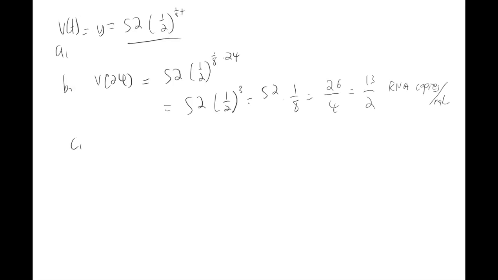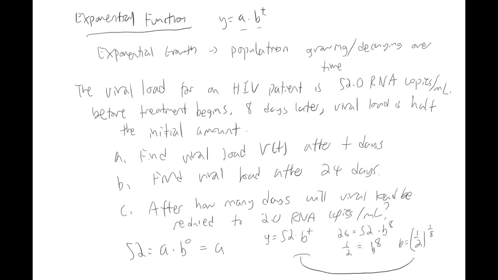So part C, after how many days will viral load be reduced to 2.0 RNA copies per milliliter? What am I trying to find? Are they giving me the Y value and I'm trying to solve for the T value, or are they giving me the T value and I'm trying to solve for the Y value? They give us Y, 2.0.